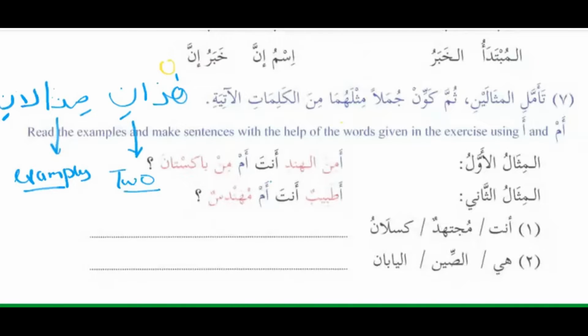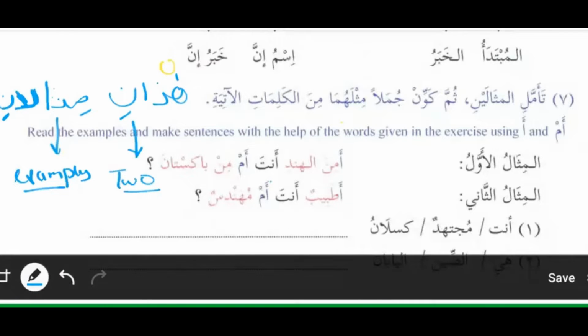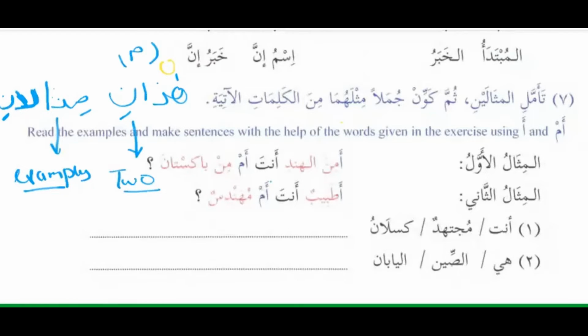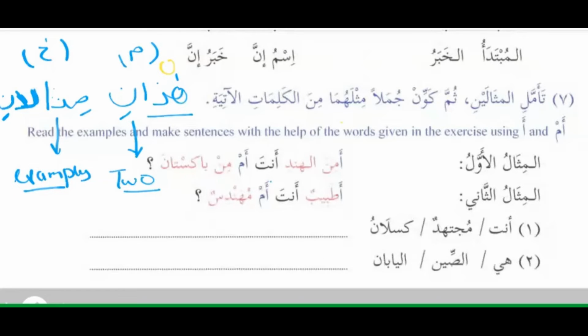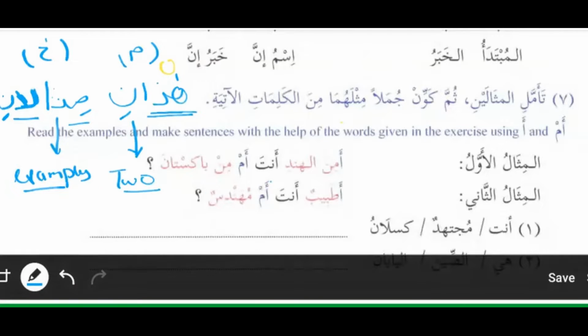So here it is misalani because here it is simply a mubtada and this is a khabar. Afwan, sorry, this is a subject and this is a predicate. This we know, hazani, misalani.